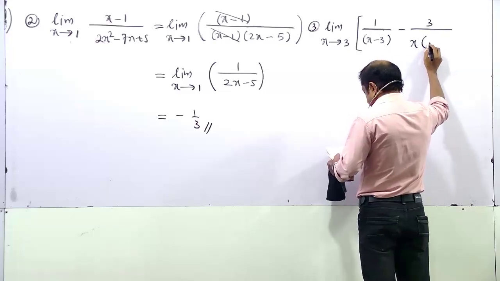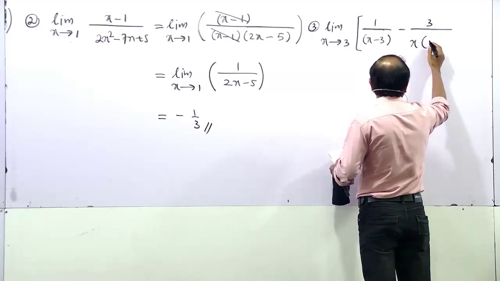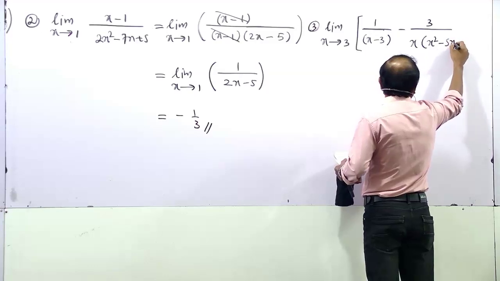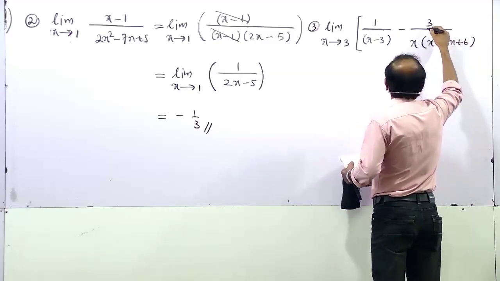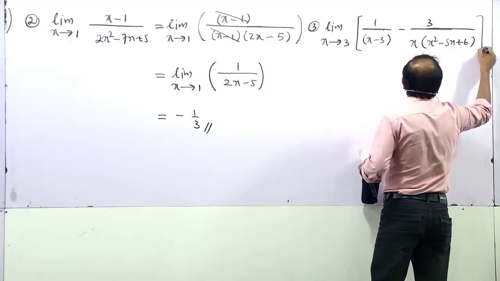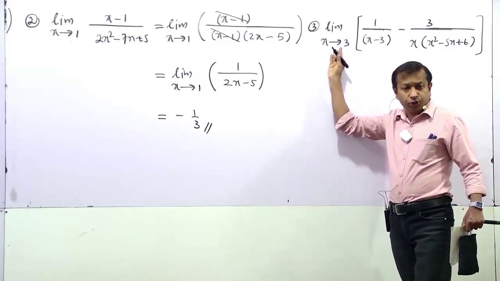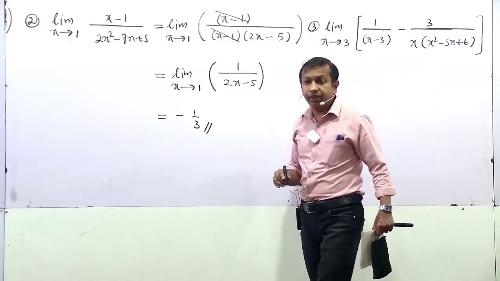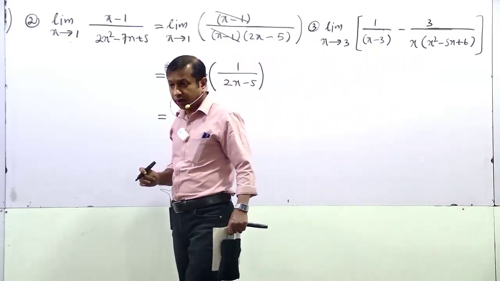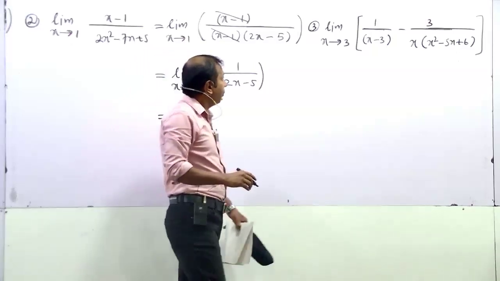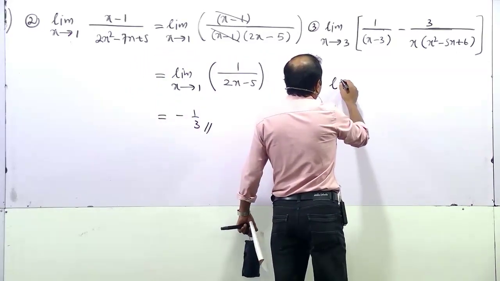x times x squared minus 5x plus 6. Okay, what factor must we be able to cancel down? x minus 3 factor should be cancelled down. Until then, don't put x equals 3. Okay, right. So I can write like this.